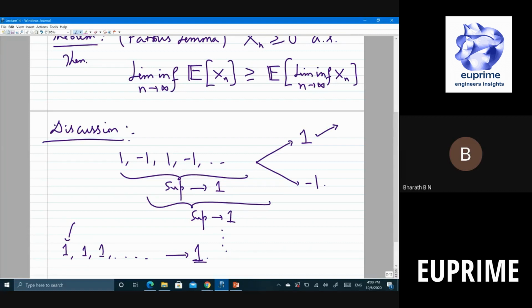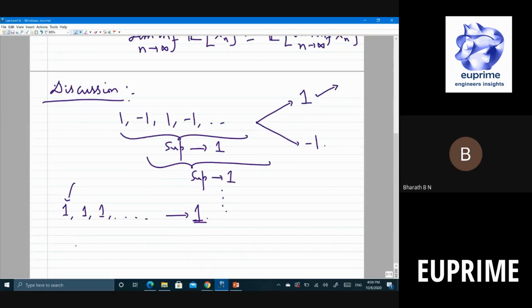So I can define my lim sup of a sequence as follows. You get a number by taking the supremum of all the terms, then you leave out the first one and take the supremum of the remaining, you get another number, leave out the first two and take the supremum of all the remaining, and so on. You get a sequence of numbers. Look at the limit of that.